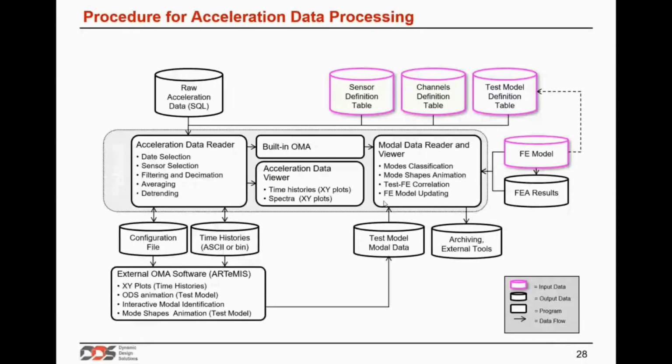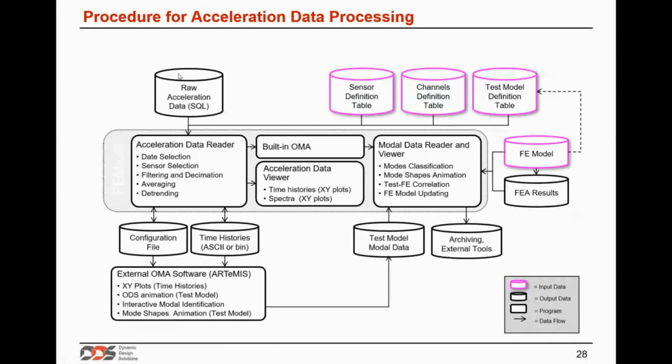So here is an overview of the procedure for processing the data. Briefly, we have raw acceleration data that is read from an SQL database, and the data is added to this database by the acquisition system. So this is a separate part.